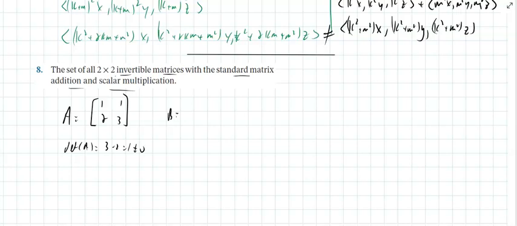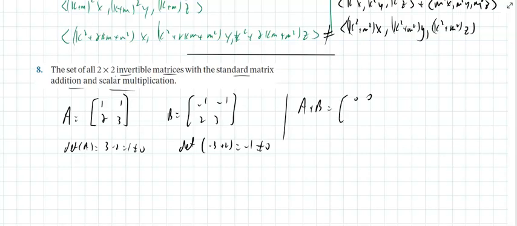Very good. And if I take B to be negative 1, negative 1, 2, 3, the determinant would be negative 3 plus 2, which is negative 1, which doesn't equal 0. So those are also invertible.